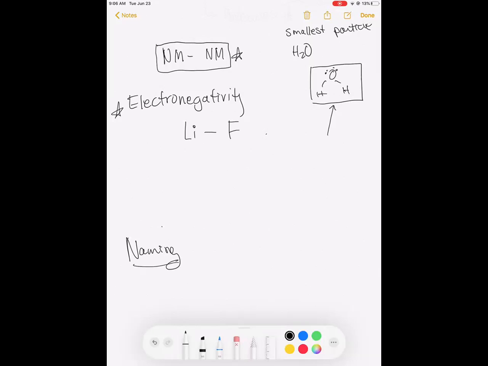Now, I already said that if you have a metal bonded to a nonmetal, which is exactly what you have here, then you would have an ionic substance. So let's talk about that. Lithium has an electronegativity of 1. Fluorine is 4. Their electronegativity difference is very, very high.